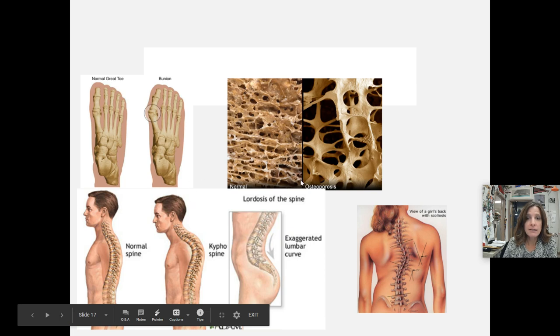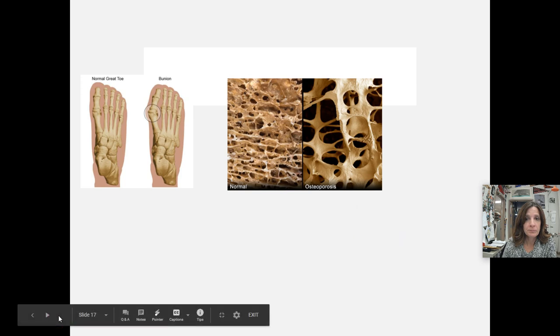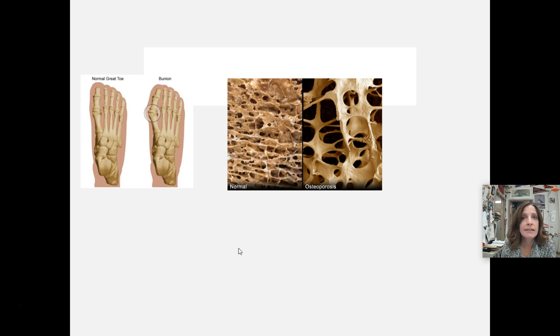And then here is somebody's bones who have osteoporosis. You can see that there's big holes in there, not very strong, versus somebody who has normal bones. And that's it. So hopefully you took notes on the skeletal system, and have a great day.